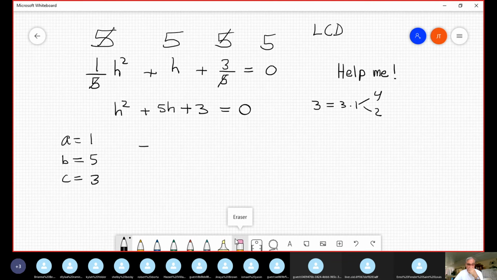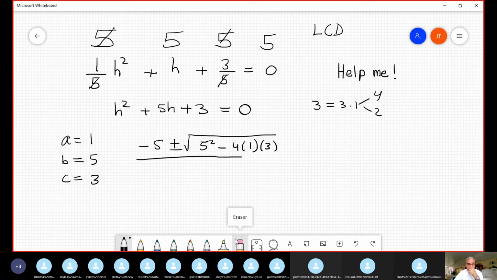So a is 1, b is 5, c is 3. Negative 5 plus or minus the square root of 5 squared minus 4 times 1 times 3, divided by 2 times 1. This is 25 and this is 12.